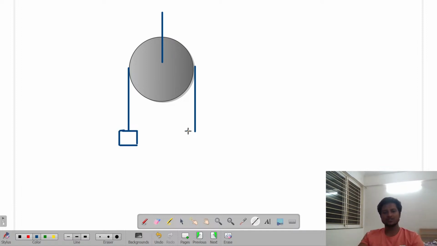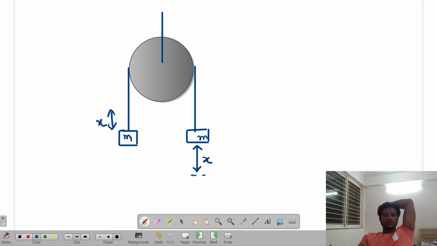These are my two blocks of different masses, m1 and m2 whatsoever; I'm not considering the masses. अगर मान लो ये ब्लॉक नीचे जा रहा है, suppose this block goes by distance x downwards, how much distance will this block rise up? The same distance x or not?